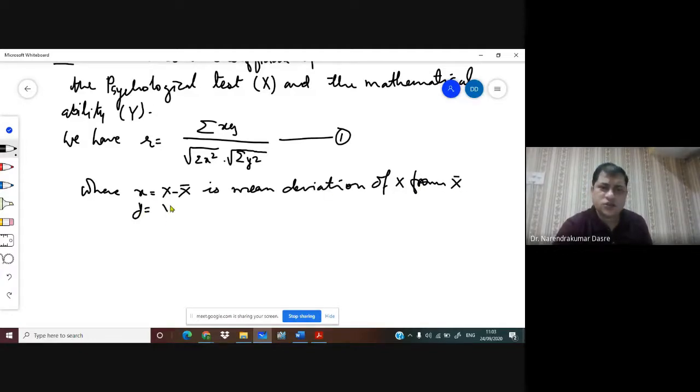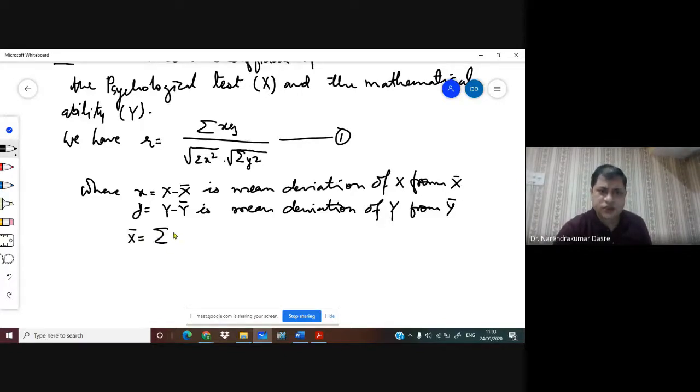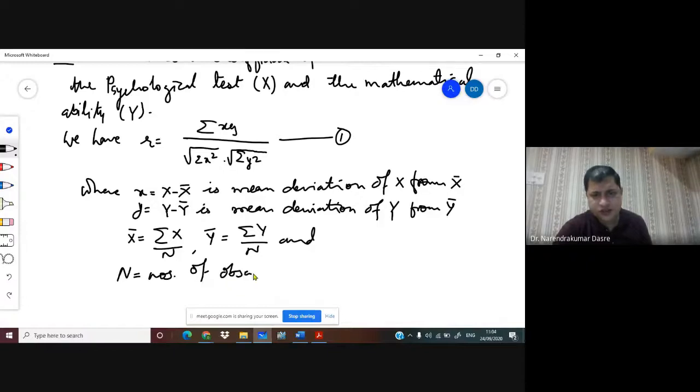Small y is capital Y minus y bar, the mean deviation of y from y bar. X bar is summation x upon n, y bar is summation y upon n, and n is the number of observations.